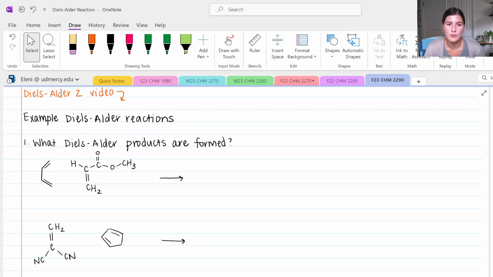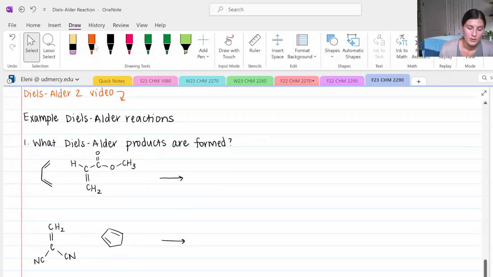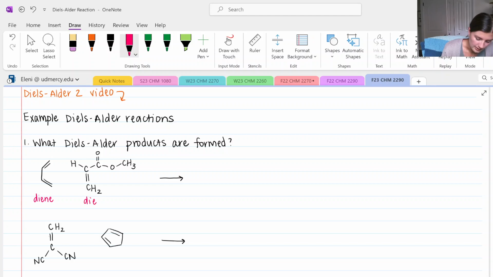Anytime you're going through these types of questions, I recommend first identifying which molecule is the diene and which molecule is the dienophile. In the first example, we have, again, 1,3-butadiene. So this is going to be our diene, and this molecule is our dienophile.